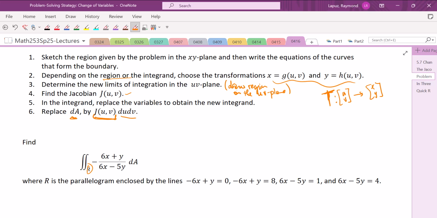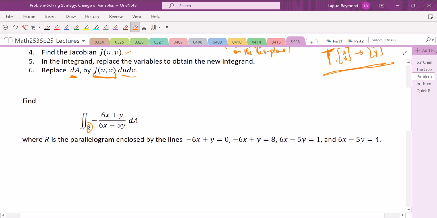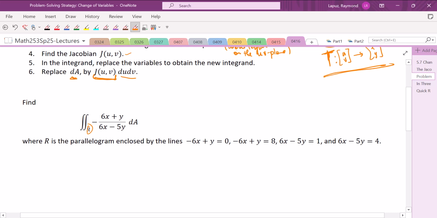All right. Now the idea is that we hope that they give us the actual transformation, because otherwise it gets a little bit difficult. Like, for example, this problem here, they don't give us a transformation. I found this problem as one of your homework problems, I think. They gave you a hint in the homework, and I didn't put the hint here, but we'll apply that hint here.